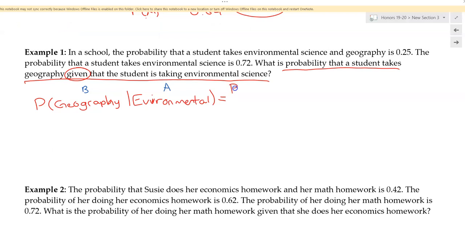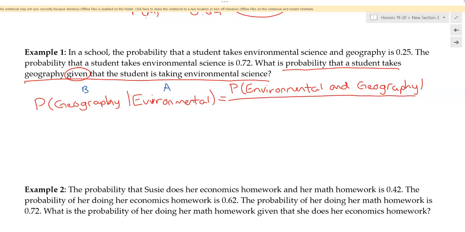Then we want the probability of A and B, environmental and geography, over the probability of A, the probability of environmental. As you're doing this, you really want to write down all these things. It makes it a lot easier to find and make sure you're not making any mistakes.